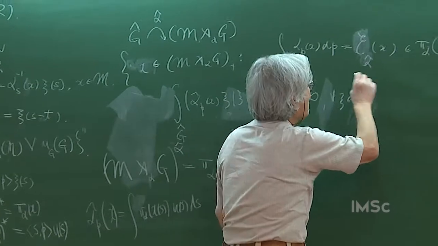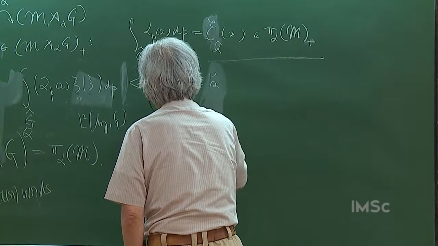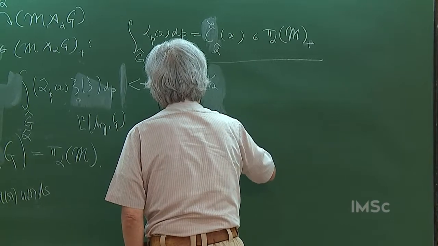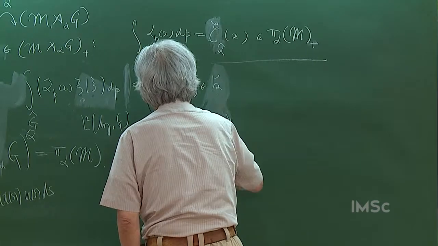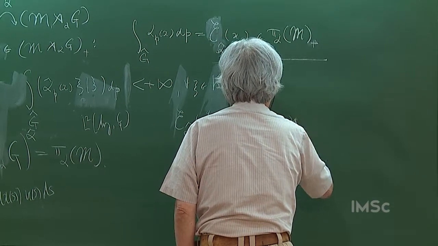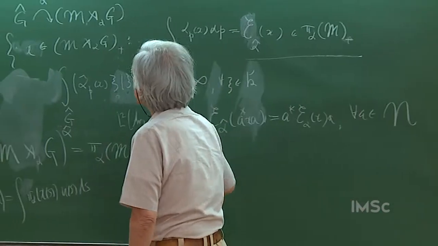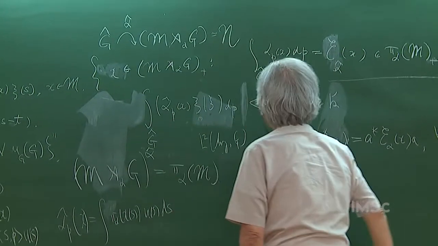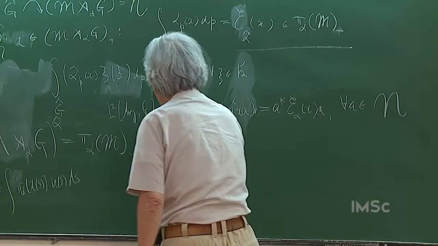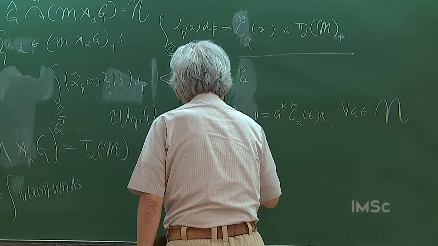So in this way, you get an operator-valued weight. It has the following property: E_alpha hat(A* X A) = A* E_alpha hat(X) A for all A in the fixed point algebra N. And phi hat is defined to be phi composed with E_alpha hat.